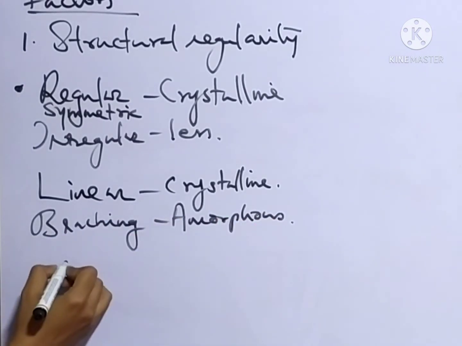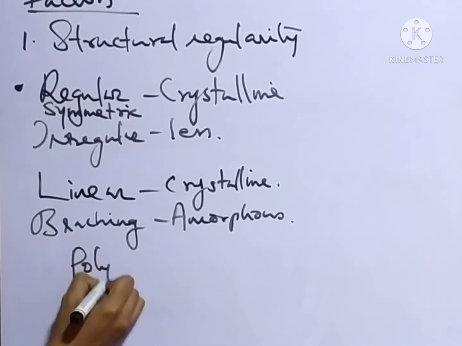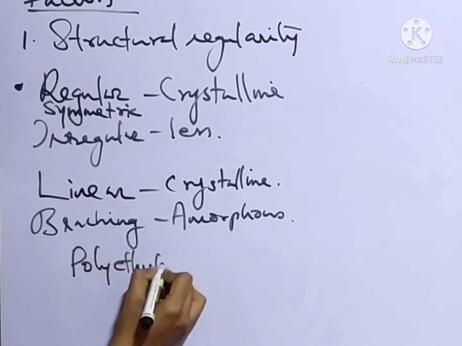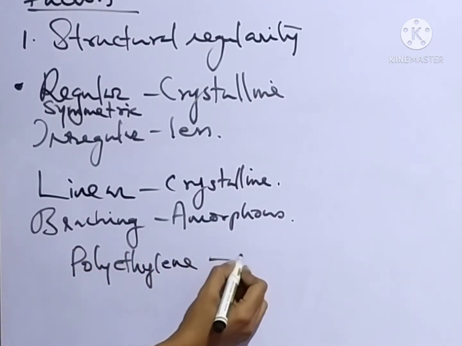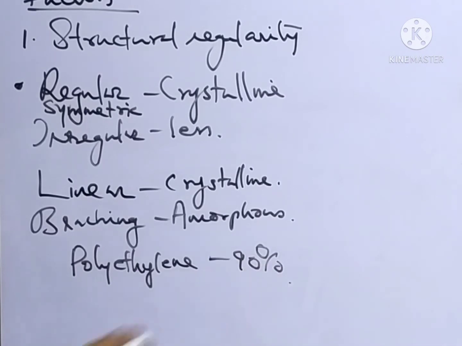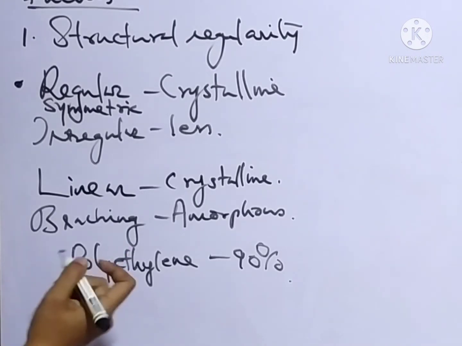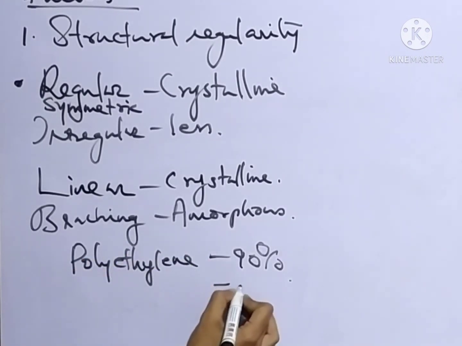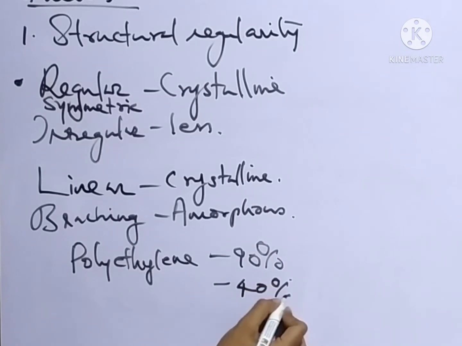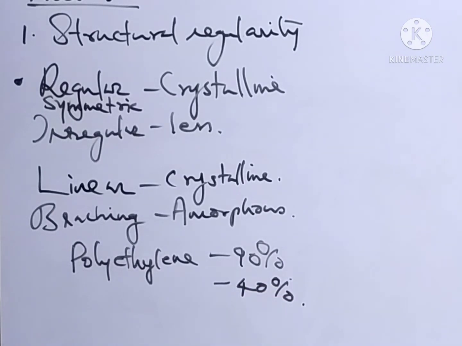For example, polyethylene is about 90% crystalline. But if branching is there, relatively high branching reduces its crystallinity to about 40%.